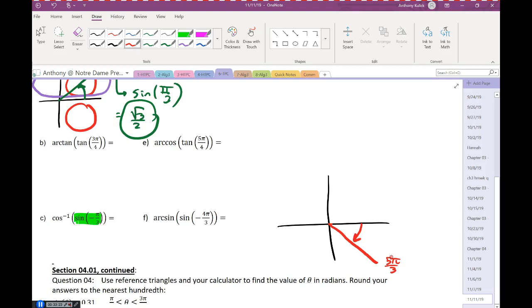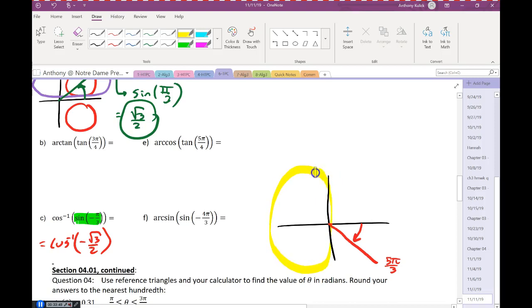Okay. So sine is the y coordinate there, which is negative square root 3 over 2. So that gives me cosine inverse of negative square root 3 over 2. Now, I know that cosine is negative in the second and third quadrant.